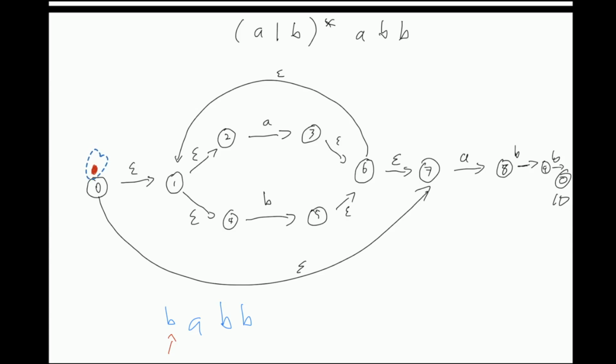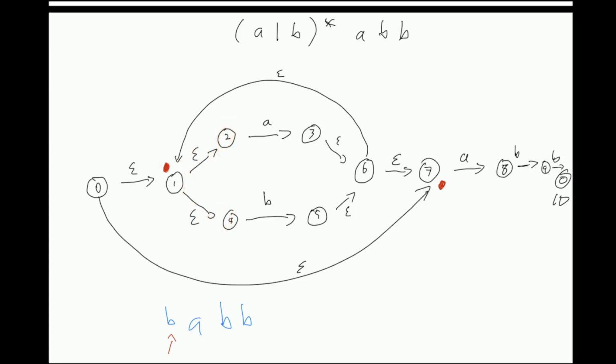Okay, so we're on the 0 state. What states do we enter? Yeah. 1 and 7. We enter 1 and 7 because this epsilon transition just matches an empty string. We can always match empty string. And so now we go to state 1 and state 7. So we're in both these states simultaneously. What about now? Are there any other states that we can enter without reading inputs? What's that? So 2 and 4, because there are also epsilon transitions from 1 to 2 and 4.